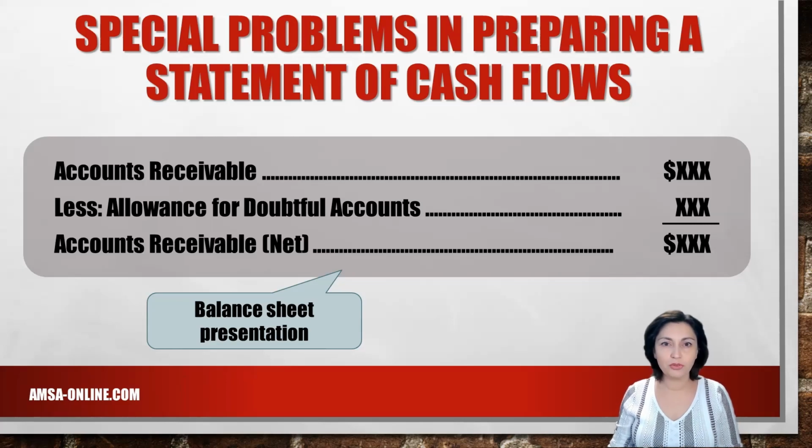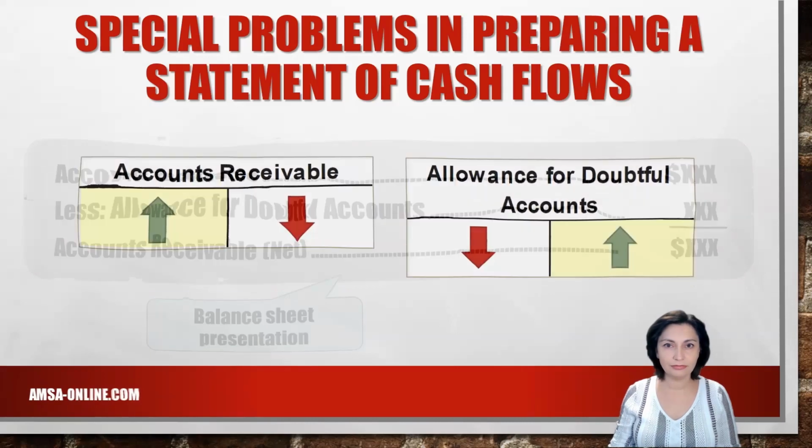The allowance reduces the total amount of accounts receivable appearing on the company's balance sheet. It is listed as a deduction immediately below the accounts receivable line item. This deduction is classified as a contra asset account.